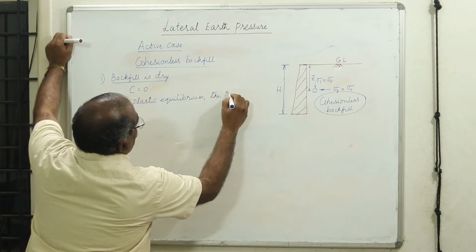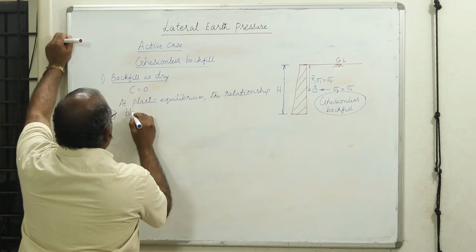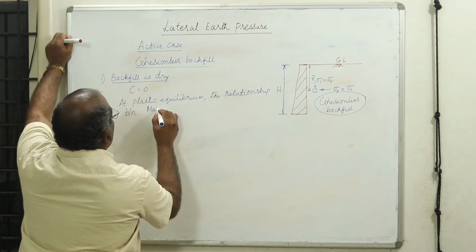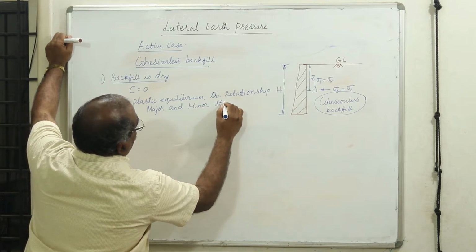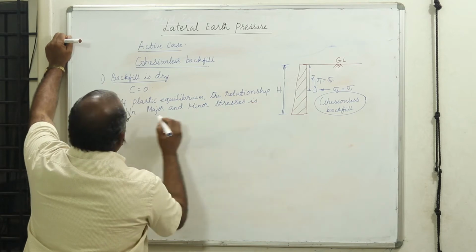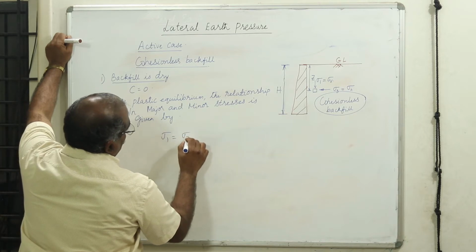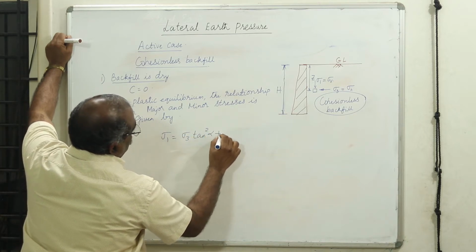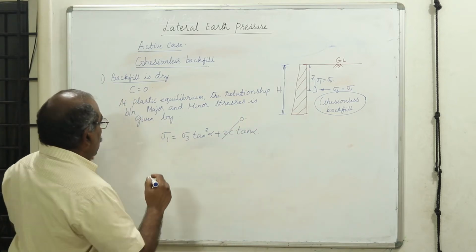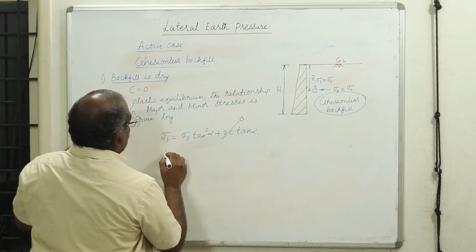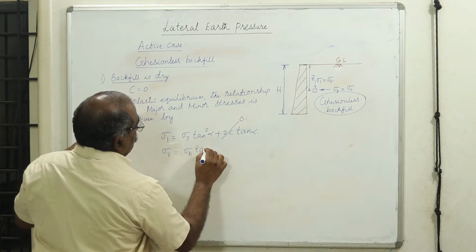the relationship between major and minor principal stresses is given by sigma 1 is equal to sigma 3 tan square alpha plus 2c tan alpha. This becomes 0 because you don't have cohesion. Now what is sigma 1? Sigma 1 is sigma v, which is equal to sigma 3, that is sigma h, into tan square alpha.